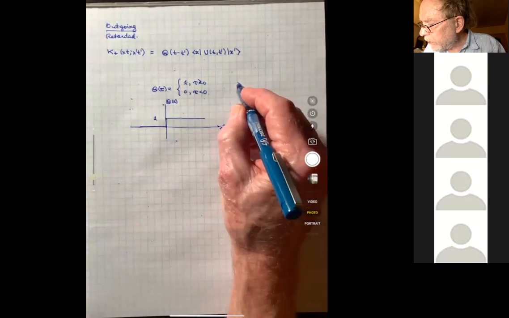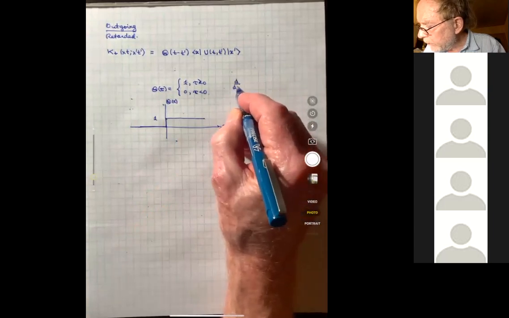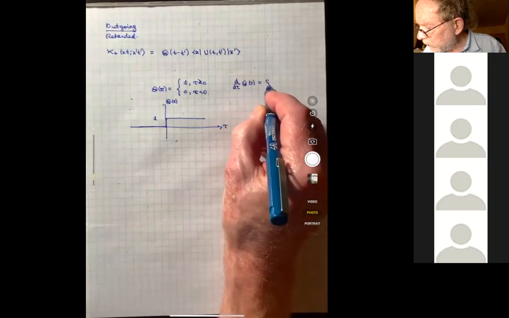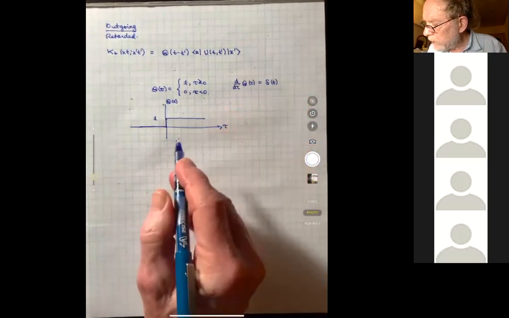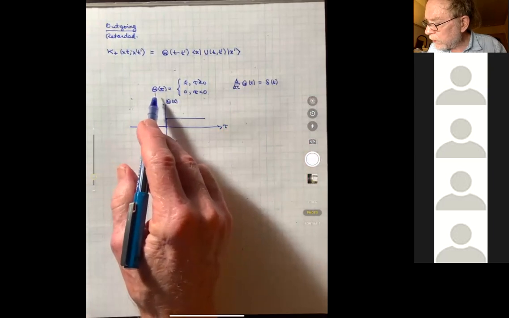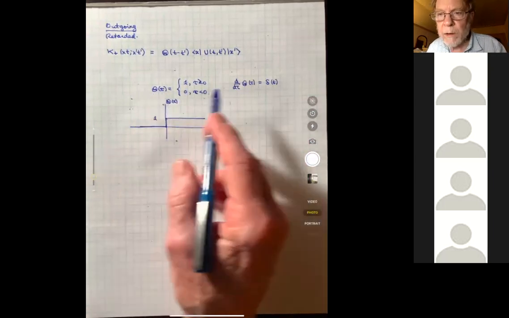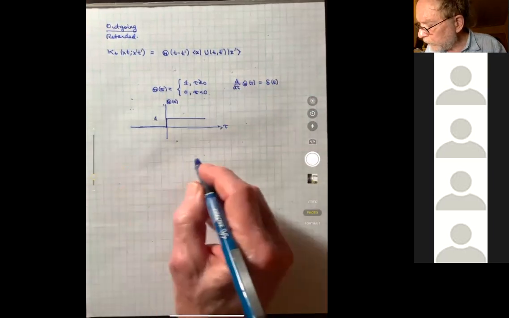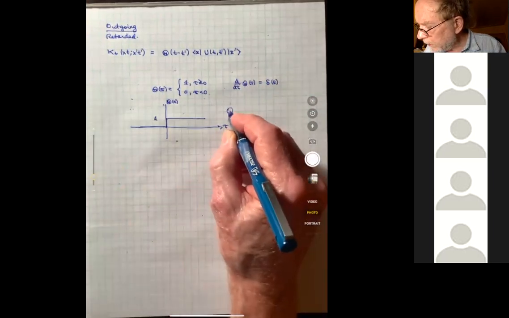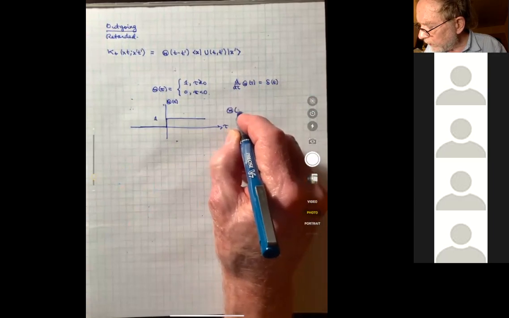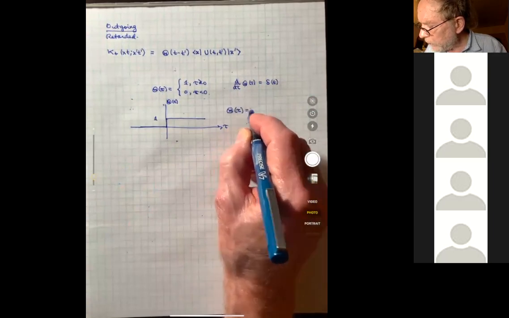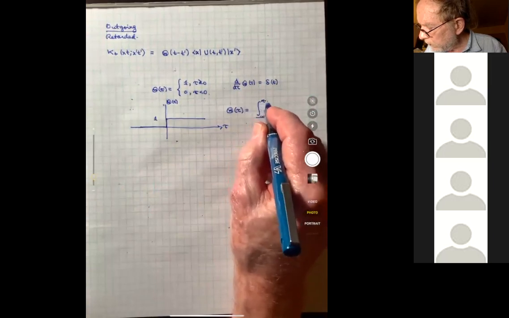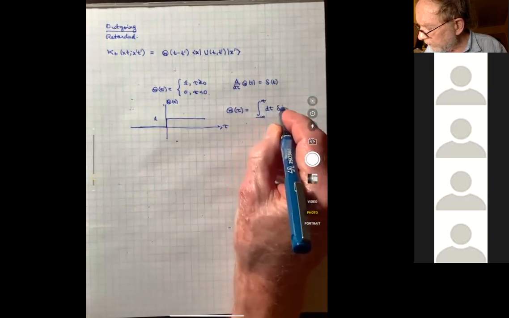And the main property of interest to us is that the tau derivative of theta of tau is a Dirac delta function. So the Heaviside step function is really the integral of the delta function. The explicit formula is that theta of tau is equal to the integral from minus infinity to tau of dt delta of t.